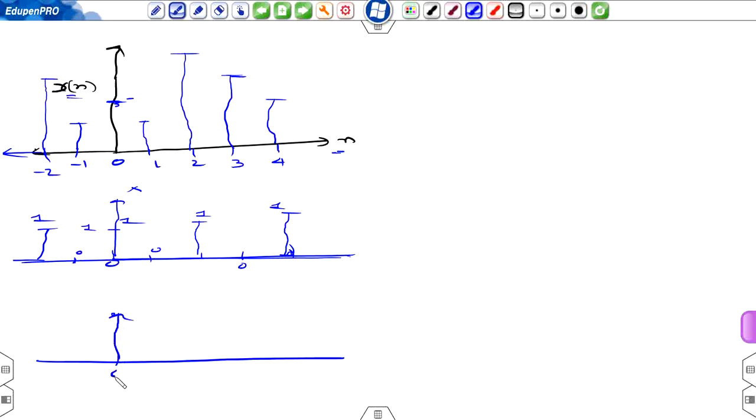So at this point 1 into this value, this is 5. This will be 0, this will be 1 into 9. This will be 0, this will be 1 into 4.